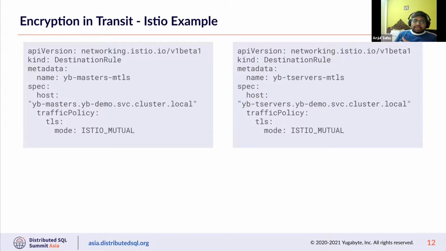In this case, the proxy is the Envoy proxy. And by Istio mutual, I mean that it provides a secure connection. When a client connects to the master or the tablet server, the certificates are automatically presented.